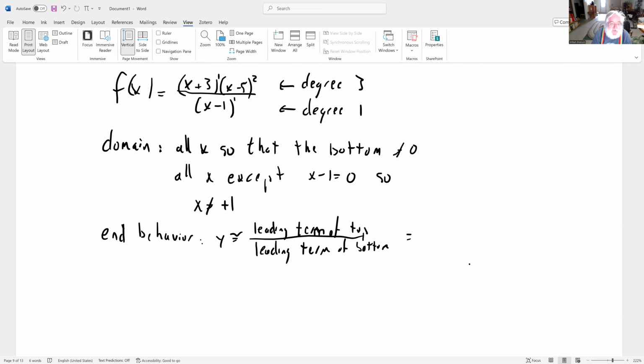And in this case, that's going to be x squared. Oh, sorry, x cubed, right? Because we've got 1x here and 2x's there over x. So that's x squared. That's positive coefficient, because the coefficient is plus 1. And it is an even power.